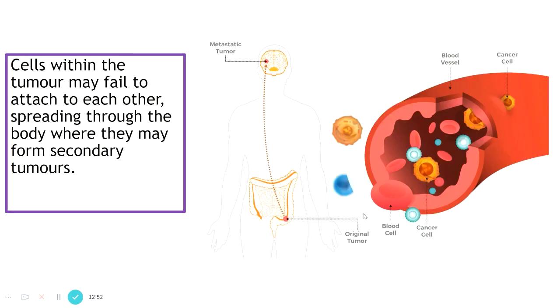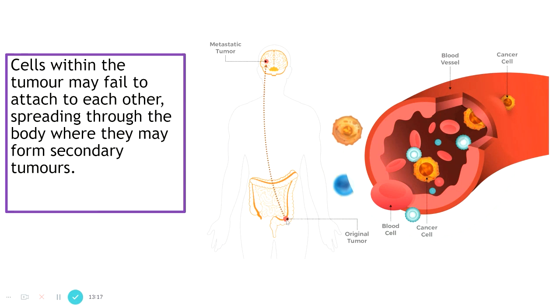The other thing that can happen is when that tumour is building up, so say we've got an original tumour here in the large intestine in the bowel, cells usually have the ability to attach and adhere to each other. But in an actual tumour, that sometimes no longer happens.